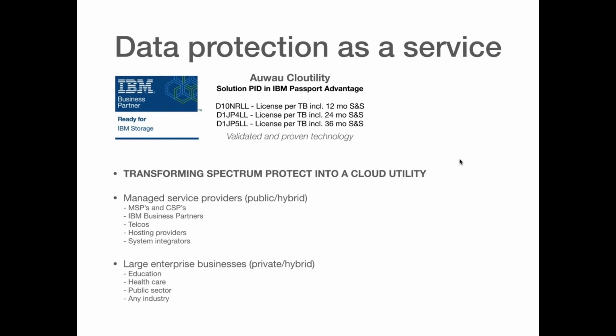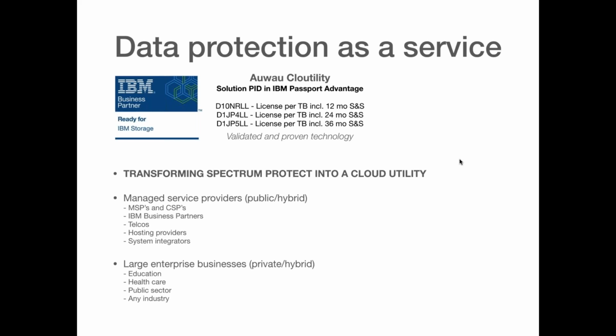And what we do is helping Spectrum Protect customers transform their environment into a cloud utility. And we work in two scenarios. We work with the managed service providers, helping them set up a public or hybrid cloud data protection cloud environment.